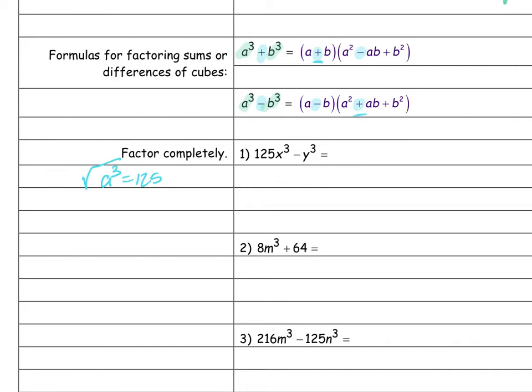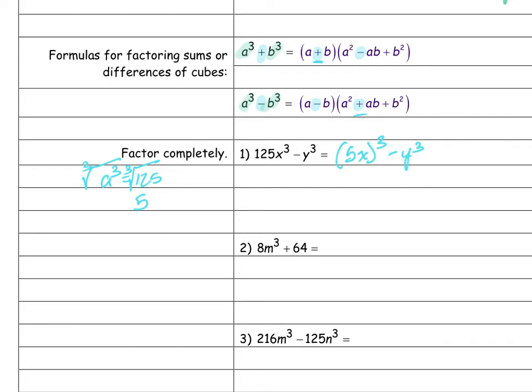You cube root it. So what's the cube root of 125? Basically it is 5. So I would rewrite this first problem as 5x cubed. The x was already cubed, so I didn't have to change that. So 5 cubed and x cubed here minus y cubed.